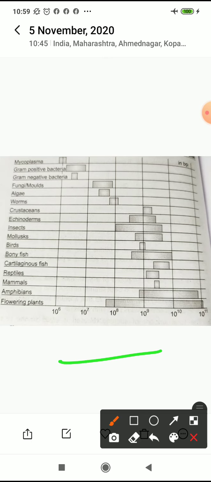It varies over a very wide range with a general increase in C value with complexity of organism from prokaryotes to invertebrates to vertebrates to plants. C value paradox is the paradox in amount of DNA and complexity of organism.